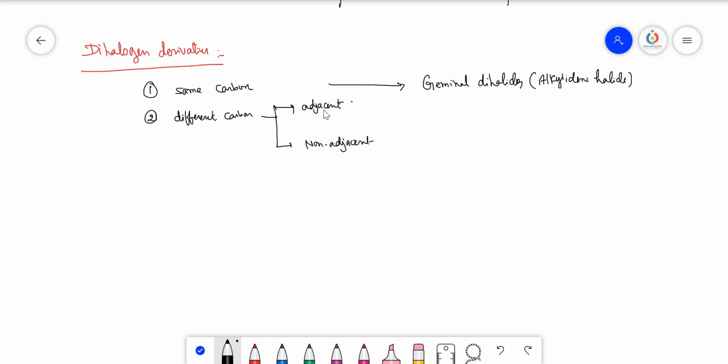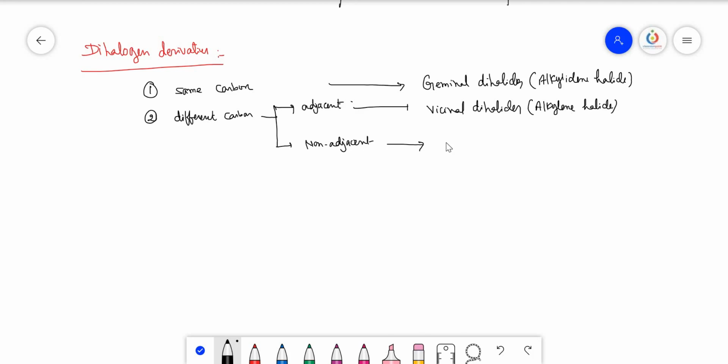And if the two halogen atoms are present on the adjacent carbon atoms, they are called the vicinal dihalides, or simply vicinal halides, or they have one more name, that is alkylene halides.